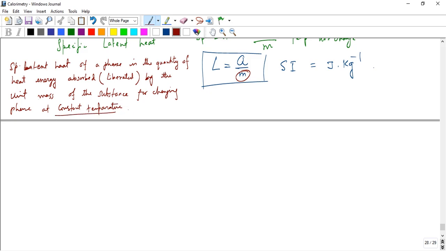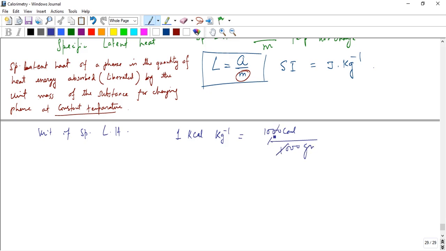So what is the unit of specific latent heat? Suppose we take one kilocalorie per kg. Kilo means 1000 calorie, and kg means 1000 gram.